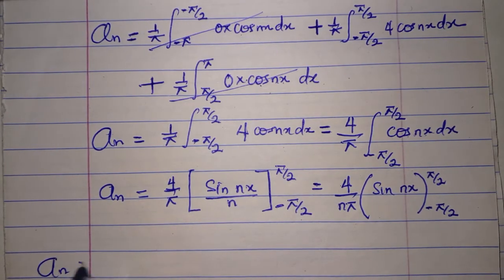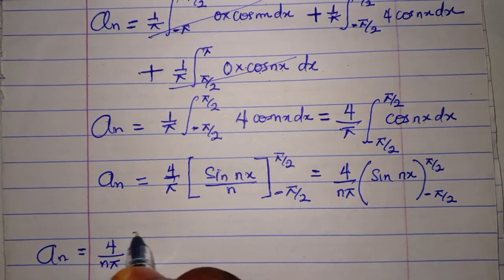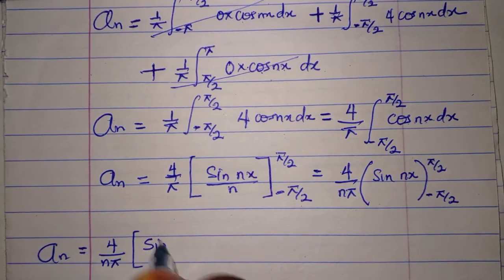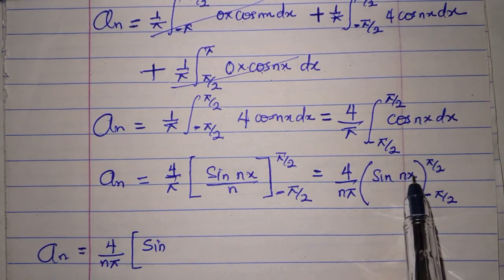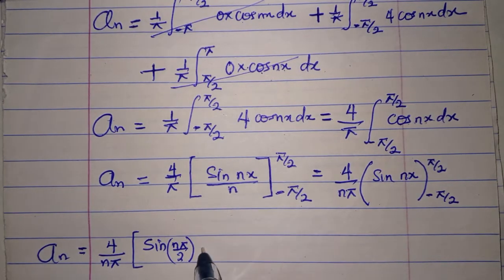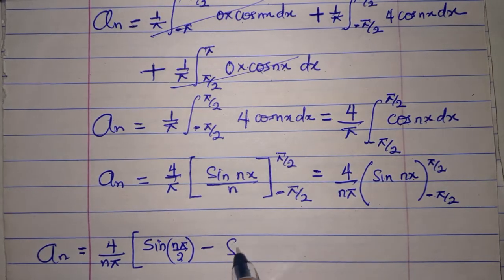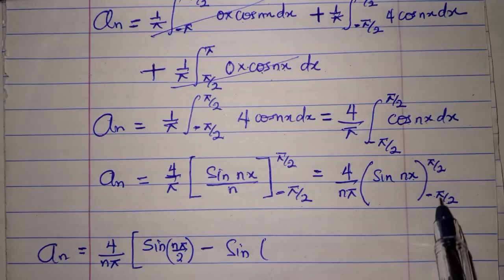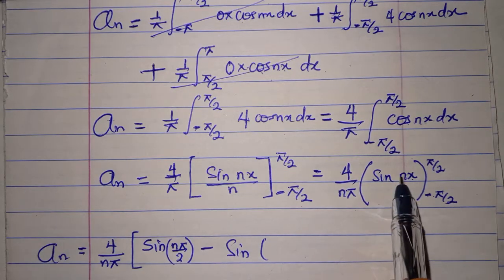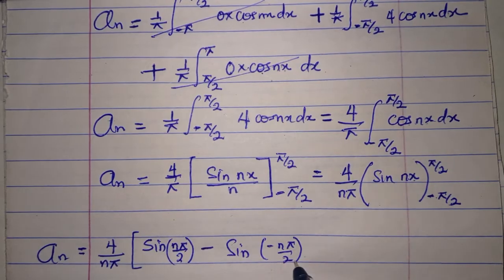Entering pi over 2 for x, we have sine n pi over 2, minus, entering minus pi over 2 for x, sine of minus pi over 2 times n, which is minus n pi over 2.